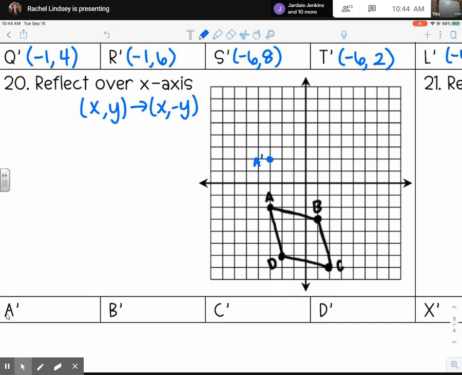B is 3 below, so B prime is 3 above. C is 7 below, C prime is 7 above. And D is 6 below, so D prime is 6 above.